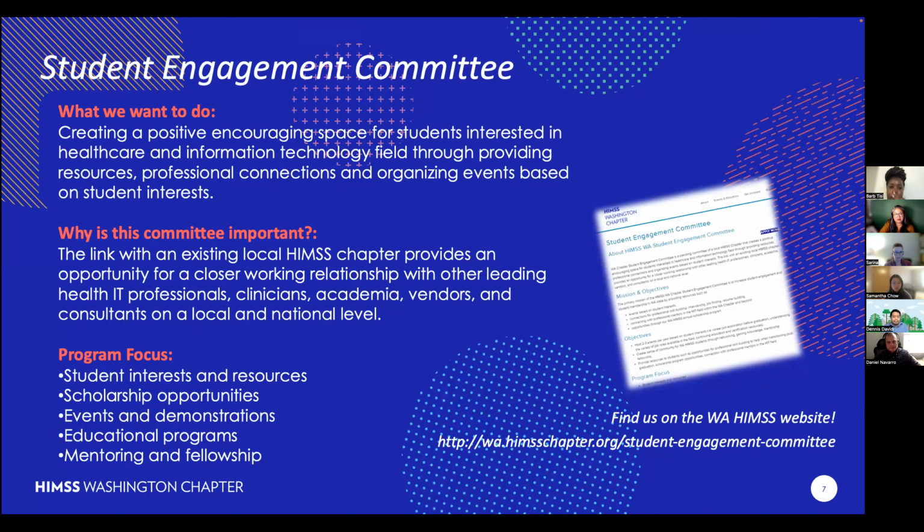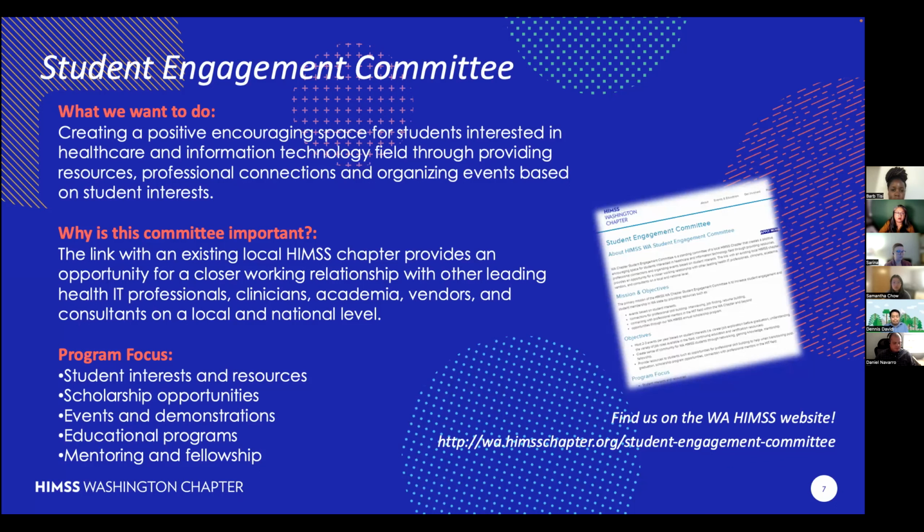And then just some information about the Student Engagement Committee. We are a group of volunteers trying to create a positive, encouraging space for students that are interested in healthcare and information technology. We do that with different focuses.